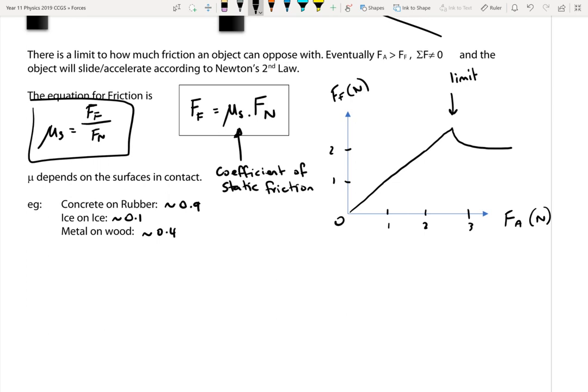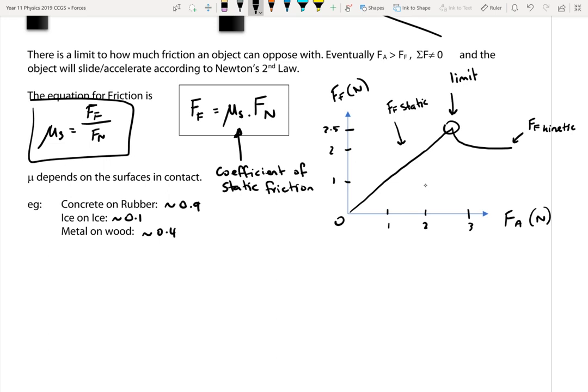Now, this bit here is called F_f kinetic, and this bit here was F_f static. It'll be some certain value. We could do an experiment, though it'll be pretty boring. We attach a force meter to our box and just increase the force.